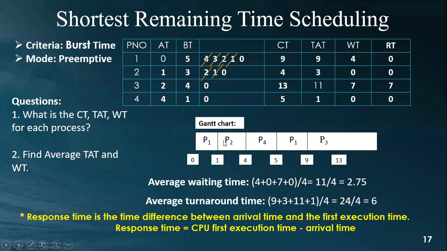So if I subtract, he had to wait 0 seconds. Let's talk about process 3. Process 3 first got the CPU when the time was 9 seconds. He arrived at 2 seconds. So if you do 9 minus 2, you'll have 7. And this is how you calculate the response times as well.